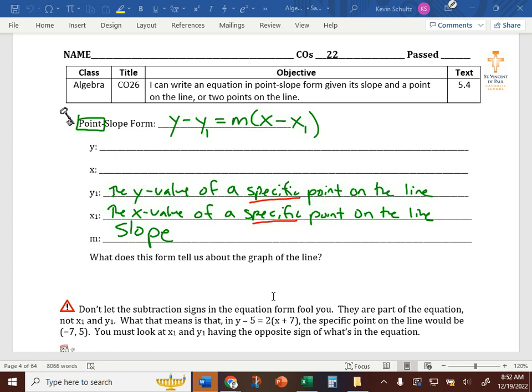Then, just like slope-intercept form, the other y and the x are just y by itself and x by itself. Do you remember what y was in slope-intercept form? Was that the y value of any ordered pair? Yes. The y value of any ordered pair on the line.